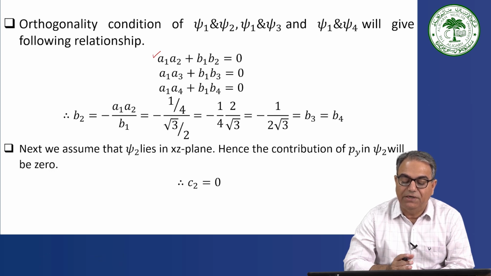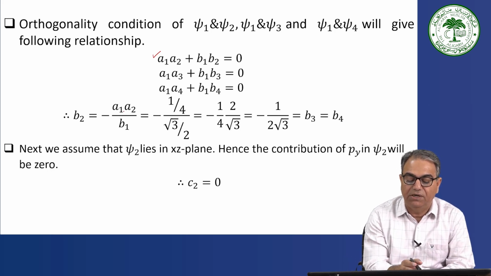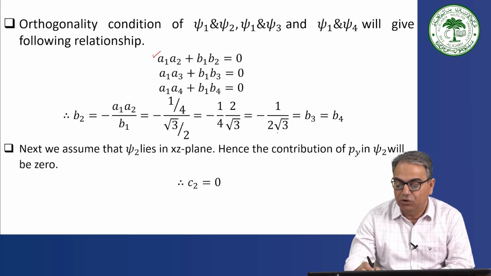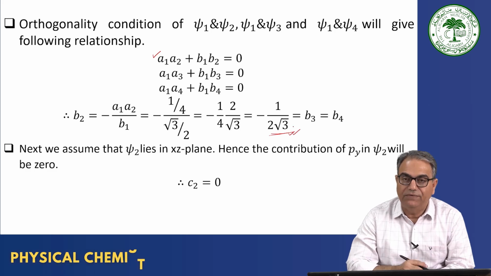And a1, a2, a3, a4 all are equal. So b2, b3, b4 will all be equal. So, calculating only one of these, a1 multiplied by a2 will be 1 by 4, and b1 we have determined as root 3 by 2. So it comes out to be minus 1 over 2 root 3. Okay, this we found. Now, we make a second assumption, because we are going to 3 dimensions.